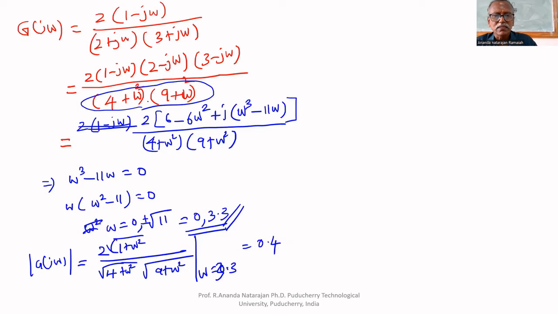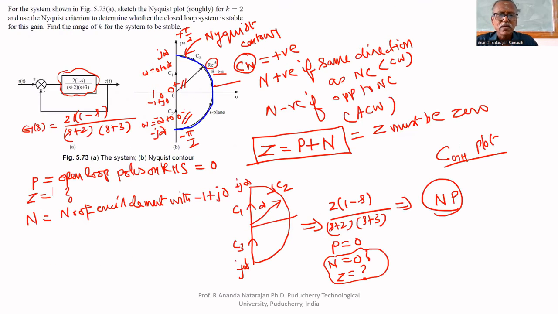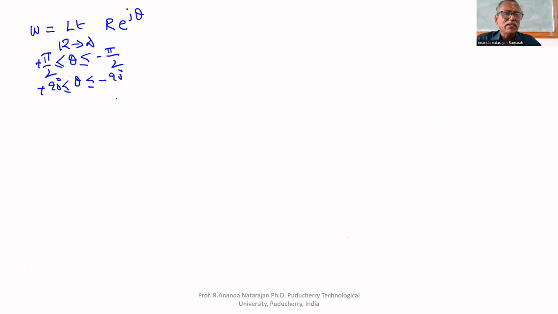Here you see that the angle is plus 90, here minus 90. The angle is plus pi by 2 to minus pi by 2, and the radius is infinity. Therefore, mathematically, we can define this semicircle as limit R tends to infinity, R e power j theta.